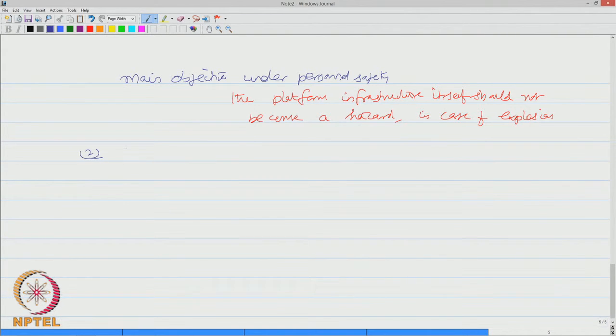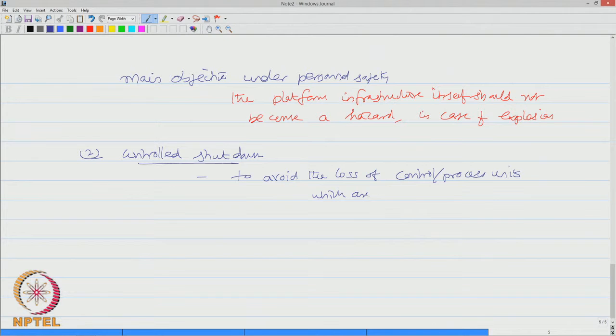Let us talk about controlled shutdown. Here the objective is to avoid the loss of control of process units which are not involved in the event.